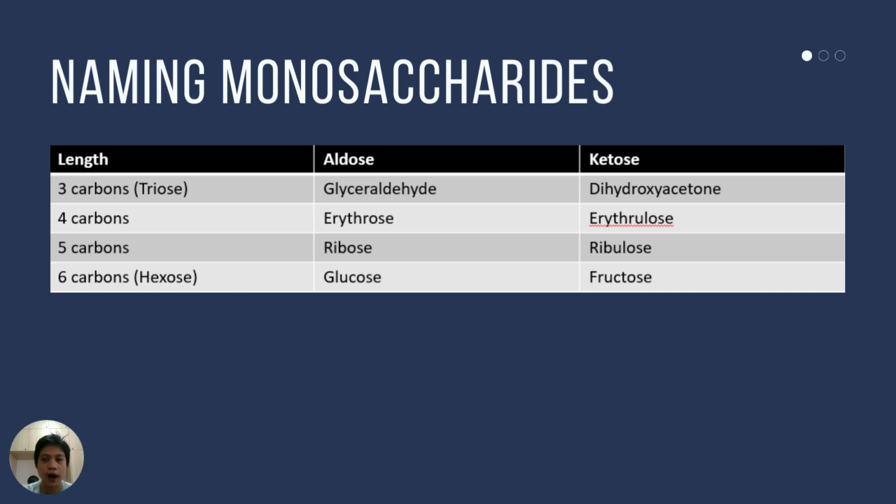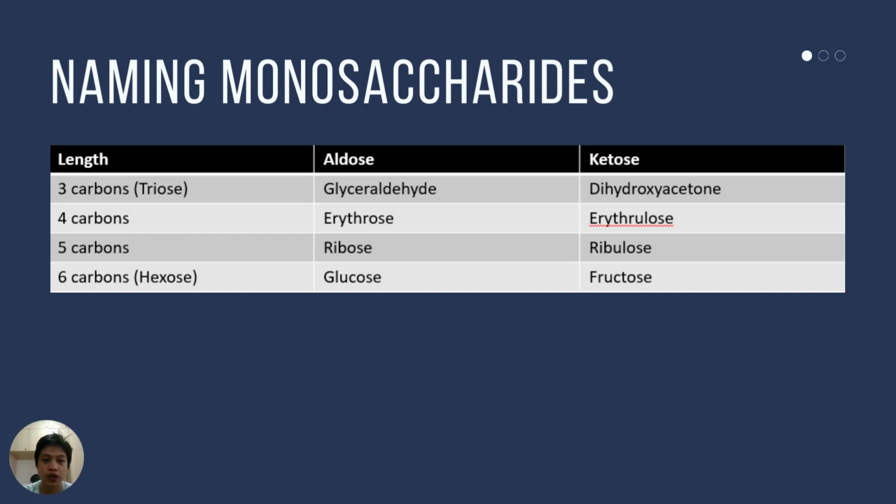So, what is the key here? Pag nakita niyong OSE, it refers to a sugar. Triose, 3 carbons, aldose, aldehyde, ketose, ketone containing. So let's just go through this table of the commonly encountered sugars in metabolism.